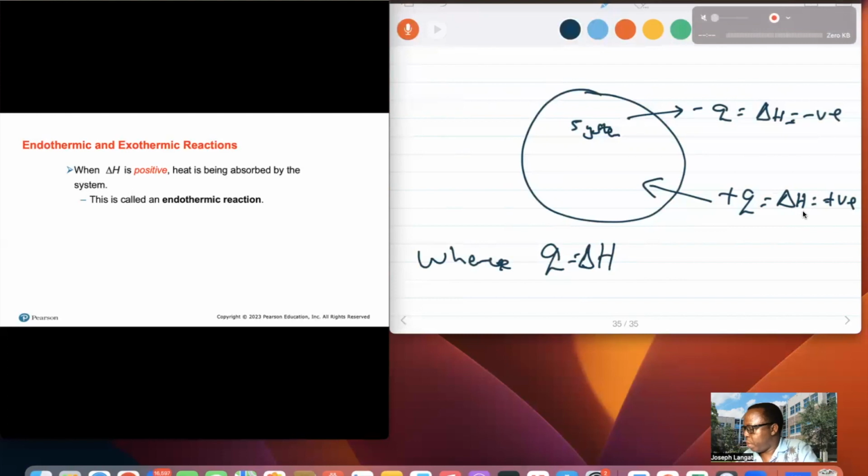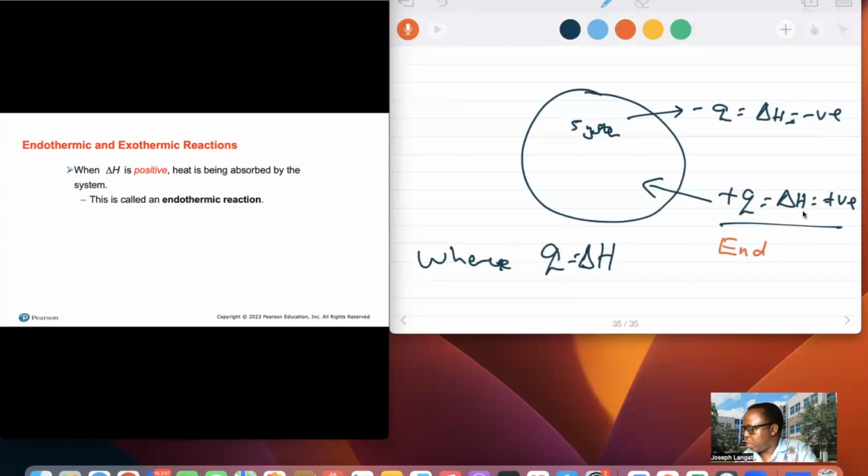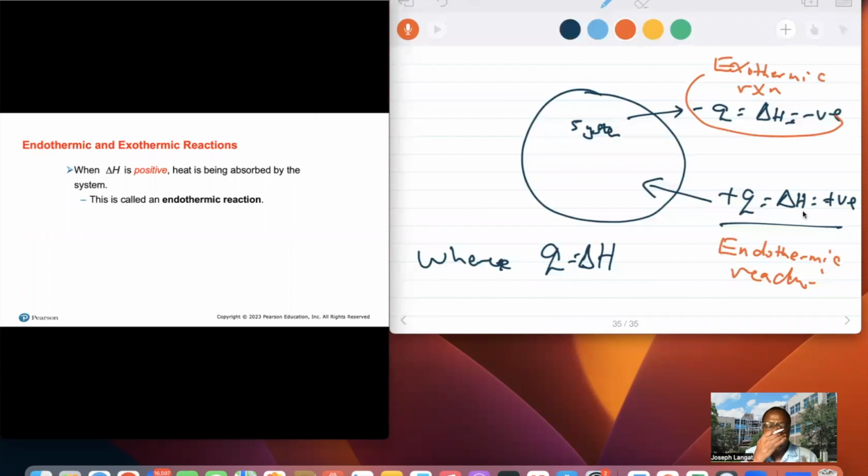So I'm going to have here, this is endothermic reaction, and here this is exothermic reaction, endothermic exothermic reaction.